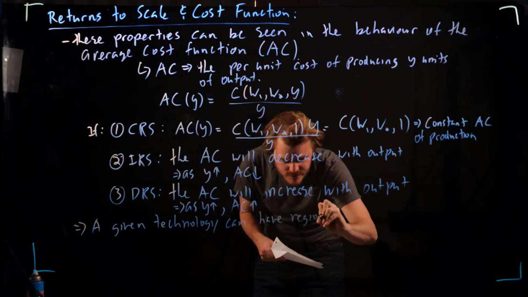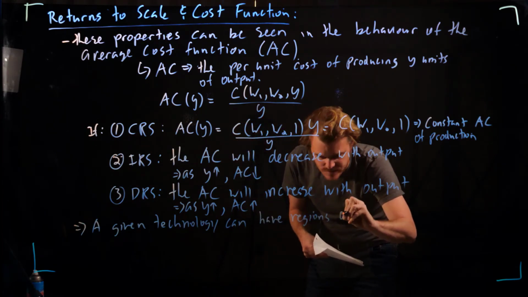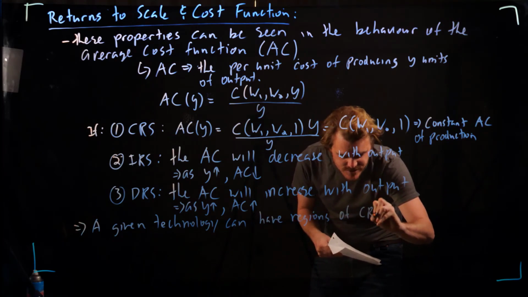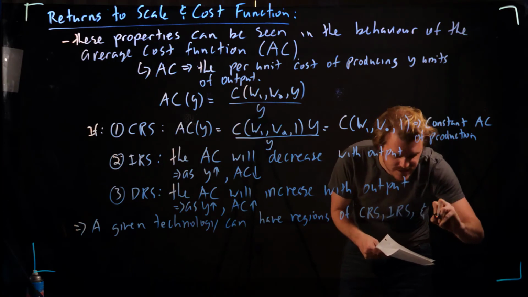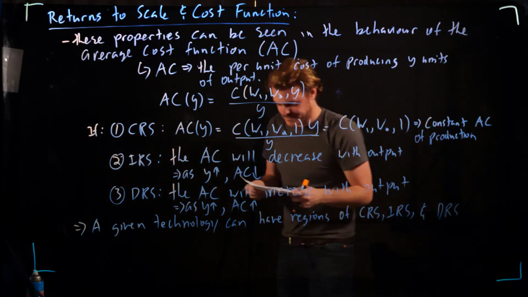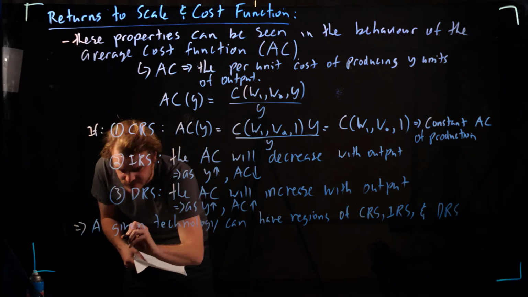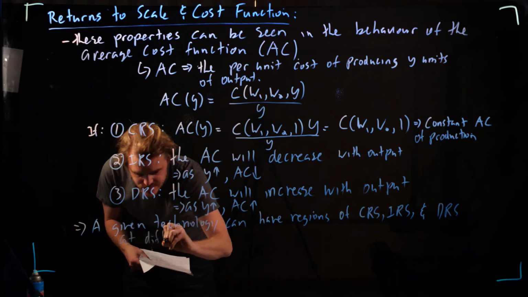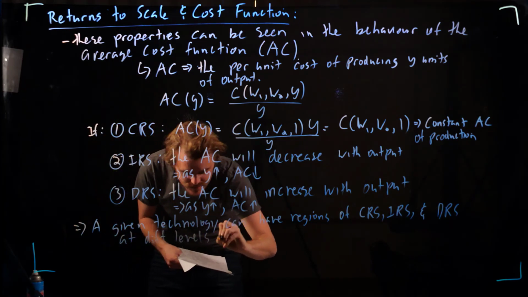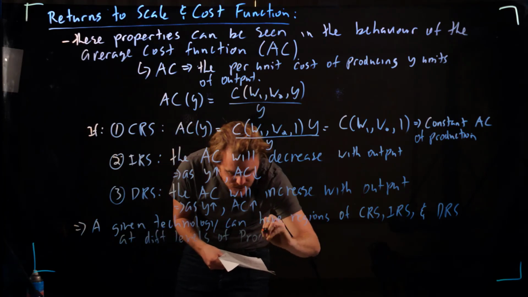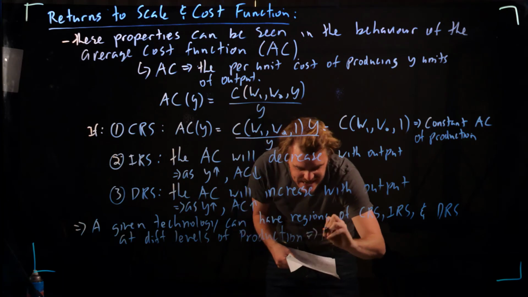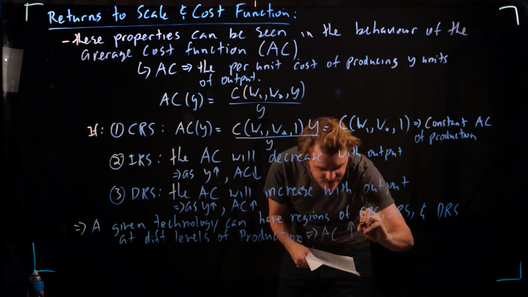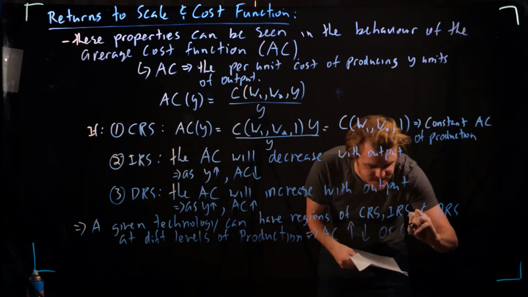We can have regions of constant returns to scale, increasing returns to scale, and decreasing returns to scale at different levels of production. So what this means is the AC could be increasing, decreasing, or constant.